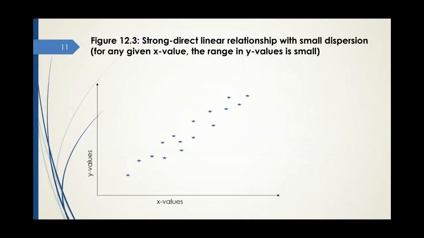Okay. So here you can see already by just looking at the data points, you can tell that this is a positive linear relationship, because as the X values increase, your Y values are also increasing, okay?